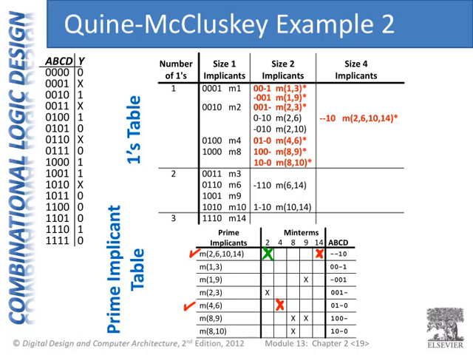And now we look at which minterms are not yet covered. So 2 is covered, 4 is covered, 14 is taken care of, but 8 and 9 are not yet covered by any prime implicants. So we have some possibilities here. M19 could be included, but that would only cover one of them, minterm 9.